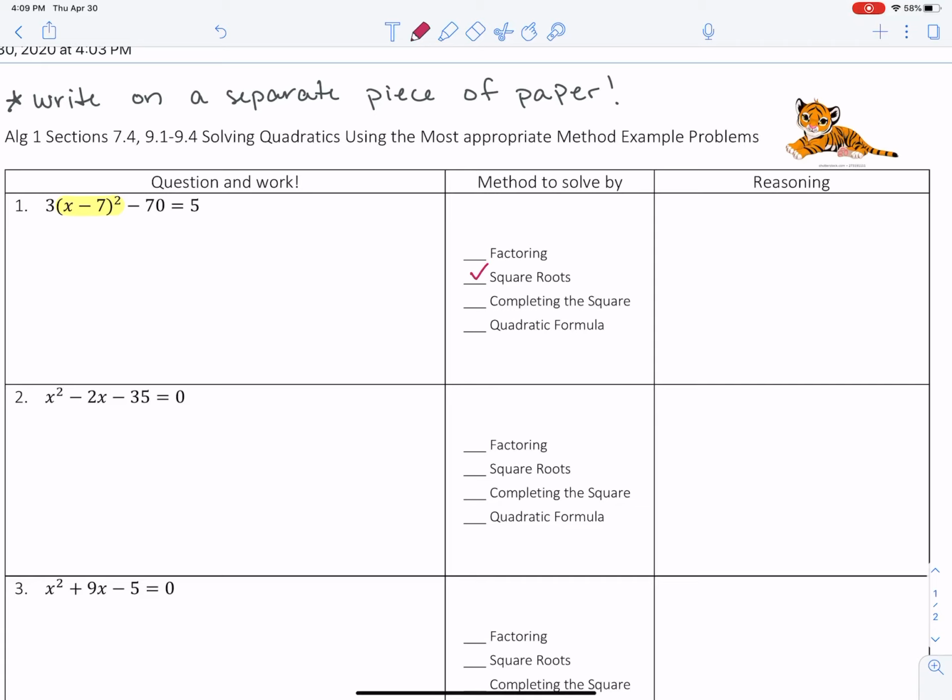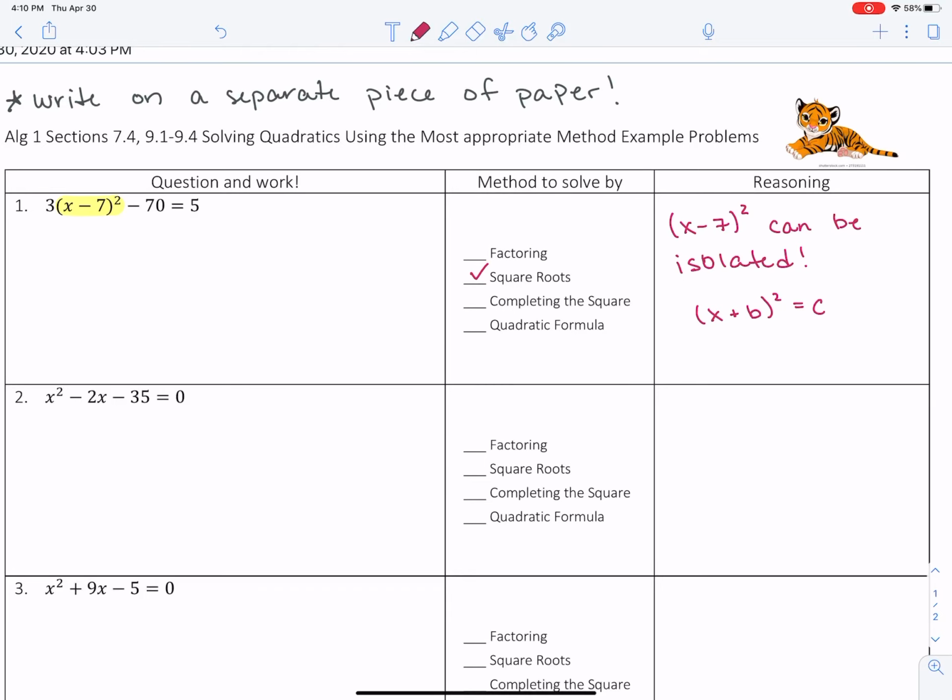The reason is that I can isolate this x minus 7 squared. It's in the form x plus b squared equals c. So that's what I'm looking for there.